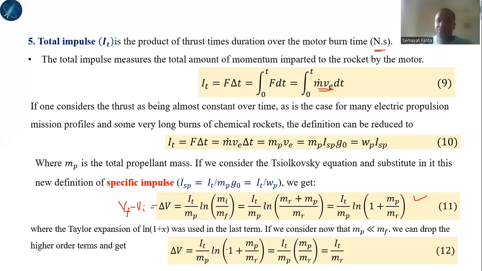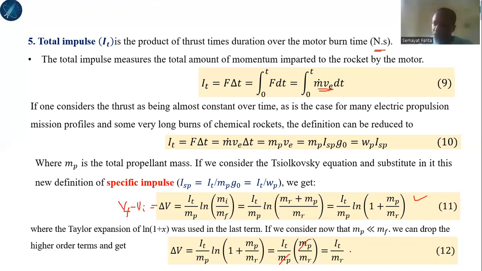Then this equation gives us this equation. You can take this as one of the equations, so ln 1 plus ln of MEP over MR, that finally gives us IT over MEP in the first term, and this ln component gives us MEP over MR, so you can cancel MEP by MEP.